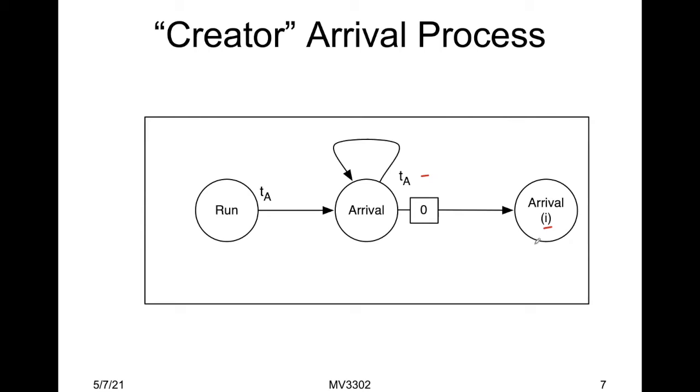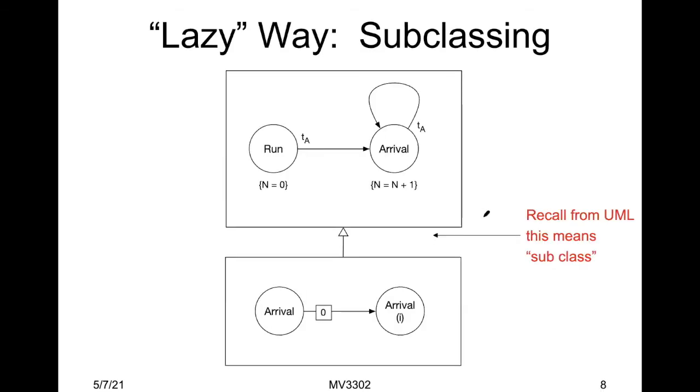Small is good. Okay, and this is small, but I'm lazy too. So the lazy way is to say, well, look, I already have an arrival process. I've already done that. So we've done this conceptually. I've made you implement it, and of course I've implemented it as well.